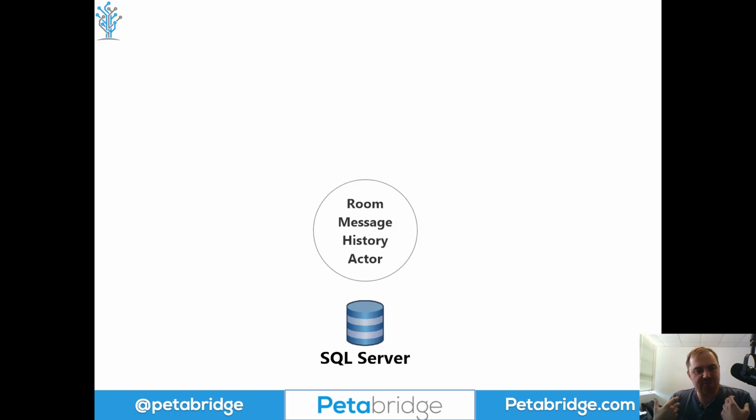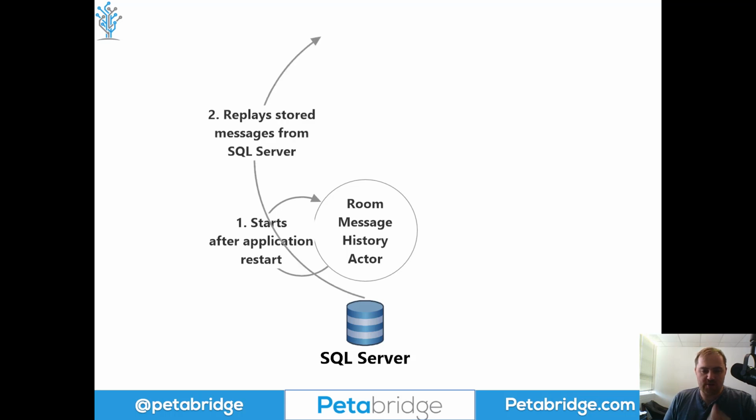If my process crashes, or if I move this actor from one node to another during, let's say, a deployment or rebalancing, which is something that Akka.NET will do periodically if you're using Akka.Cluster sharding, what will happen with this actor once it gets moved is it'll query SQL Server to figure out what was my highest sequence number, which is essentially a monotonic counter that indicates the version of your state.